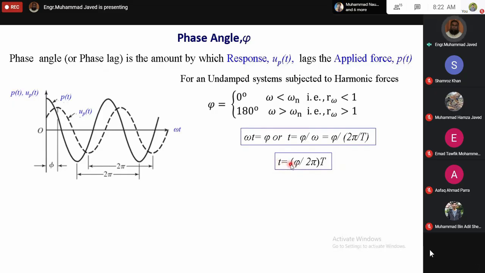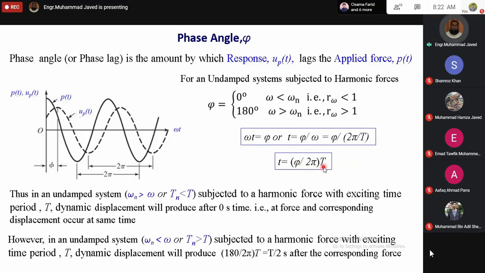So small t will be equal to pi divided by 2 pi into T, or T by 2, which shows that in case of an undamped system, when the frequency ratio exceeds 1, the dynamic displacement corresponding to a harmonic force occurs after a time T by 2 seconds, where T is the forcing time period. That is the time required by the harmonic force to complete one cycle.